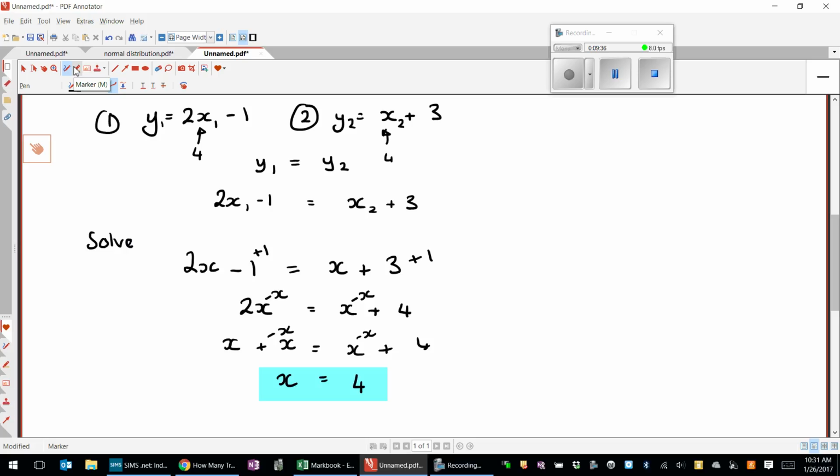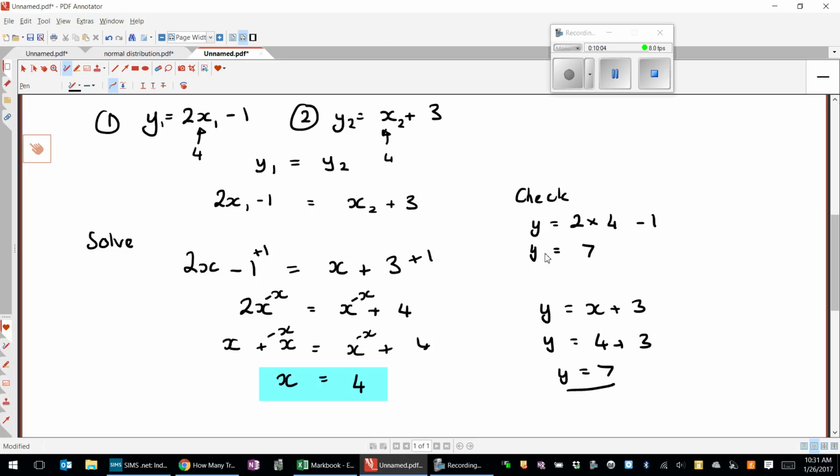So there's a check. I would check and go, right, y equals 2 times 4 minus 1, which would give me y equals 7. And then I'd probably do this mentally and just do, well, y is x plus 3. So y is 4 plus 3, which makes 7.